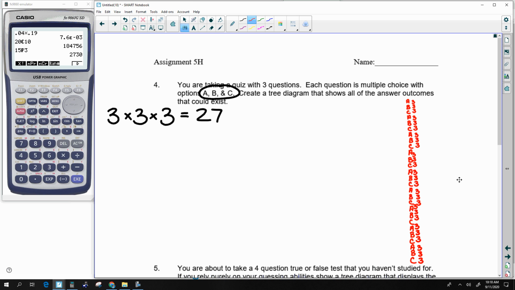Yeah, you get the idea. All right. So, it'll get smaller real fast.